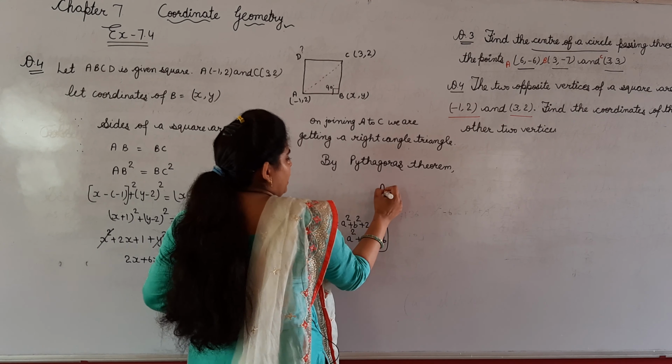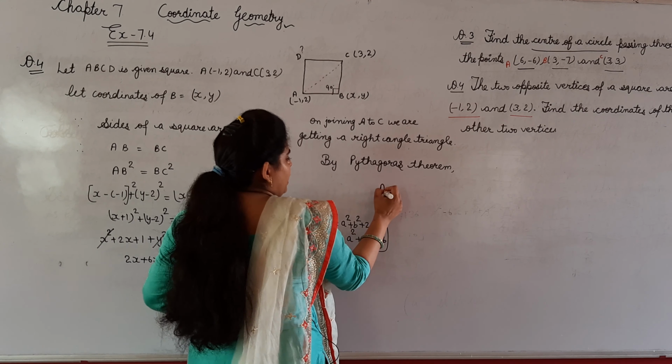What is AC square? (3 minus 1) whole square plus (2 minus 2) whole square, and AB square is (x plus 1) whole square plus (y minus 2) whole square, and BC square is (x minus 3) whole square plus (y minus 2) whole square. Now we will solve this equation. 3 minus 1 is 2, square plus 0.